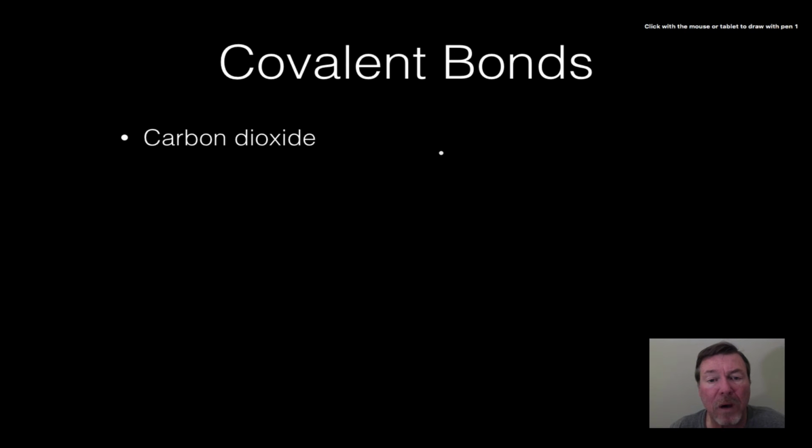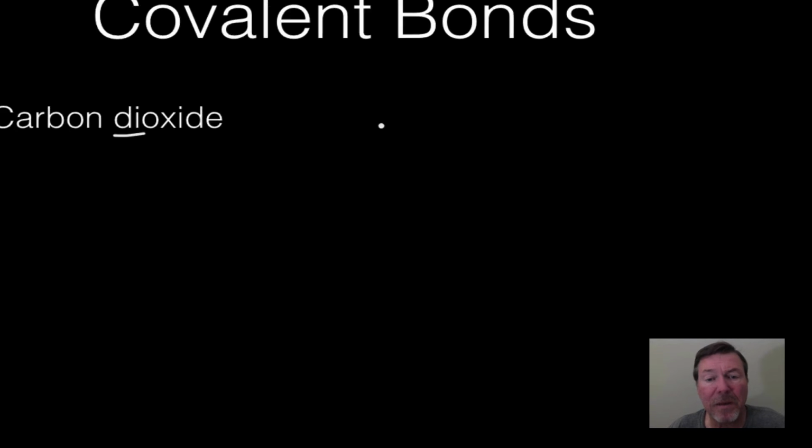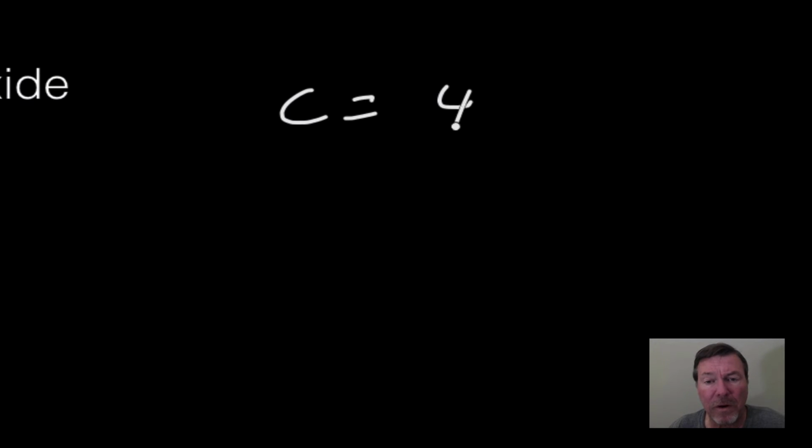Another example would be carbon dioxide. Carbon dioxide is carbon with 2 oxygens. Carbon has 4 in its outermost ring. Oxygen has 6 in the outermost ring, so it needs 2. This is missing 4. This is missing 2.